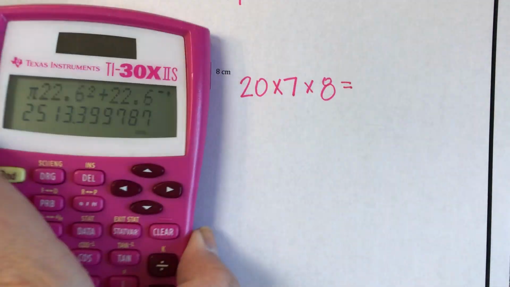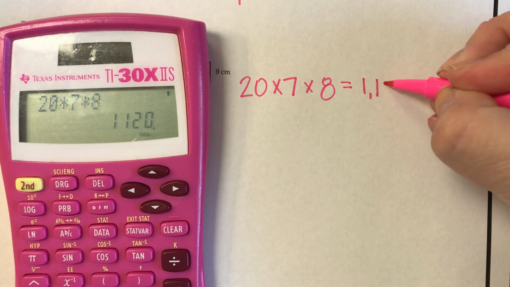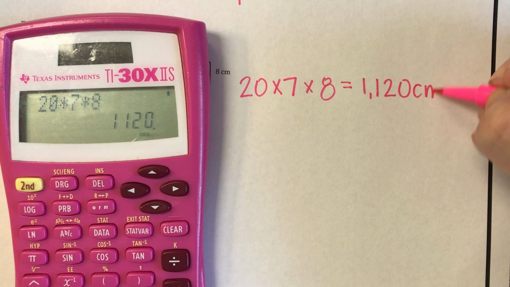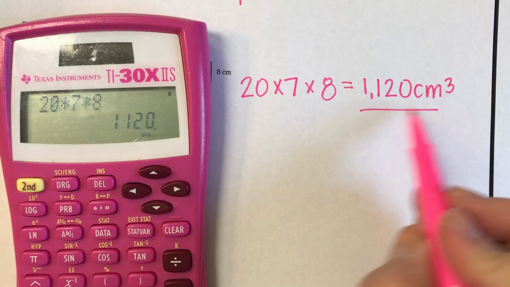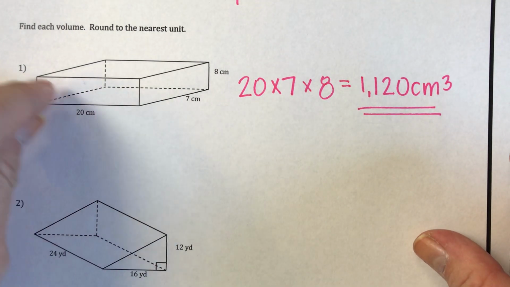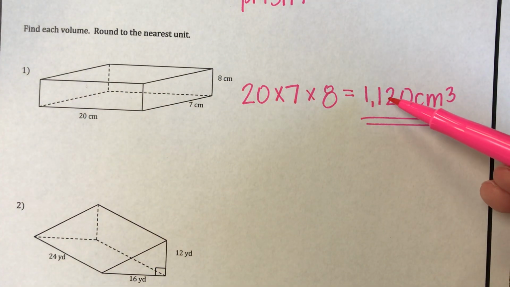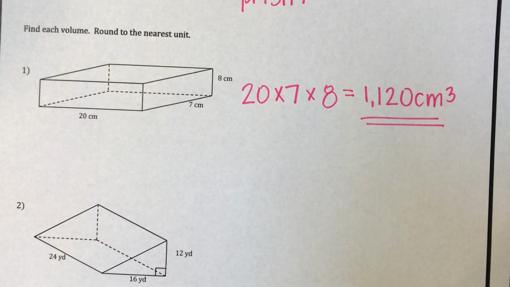So 20 centimeters times 7 centimeters times 8 centimeters is 1,120 centimeters cubed. If you were to use little centimeter blocks or little cubes like you have in elementary school, you would have 20 of them and then 7 of them, and then you'd stack them 8 tall. You would have 1,120 of them.